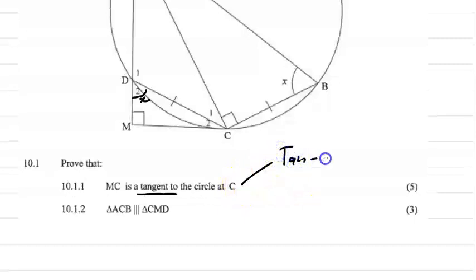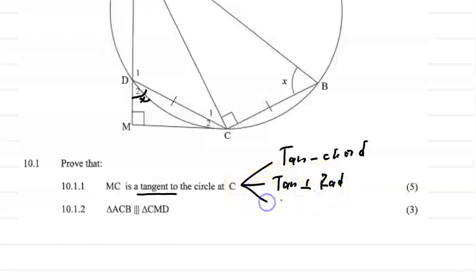You can prove the converse of tan chord, you can prove the converse that the tangent is perpendicular to the radius of a circle, or the converse, you can prove tangents drawn from the same point are equal in length.